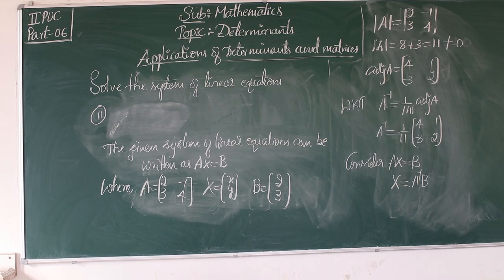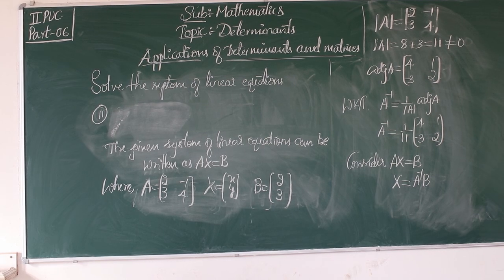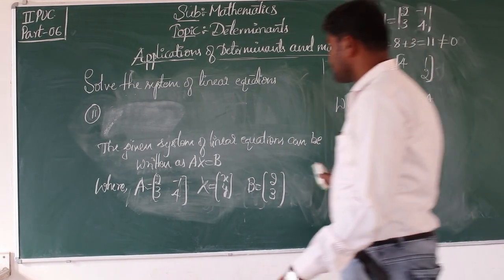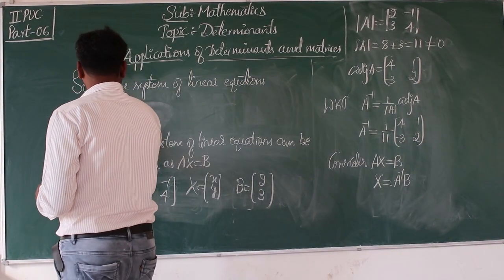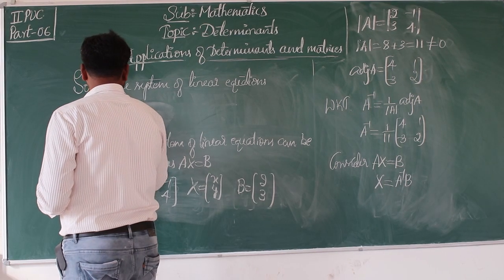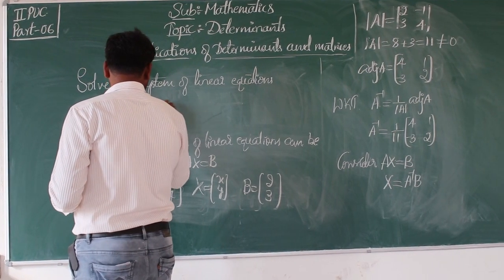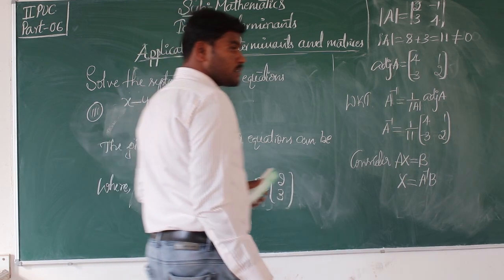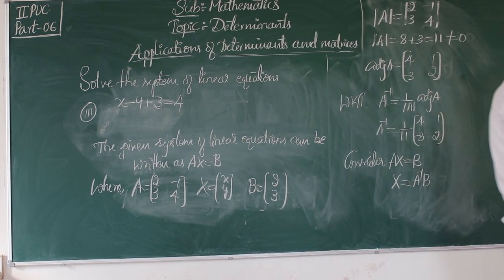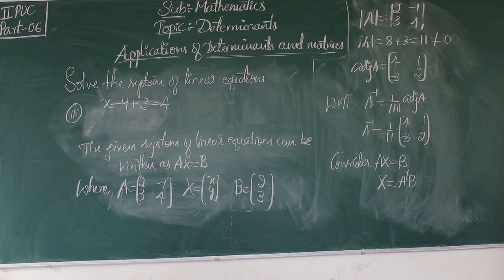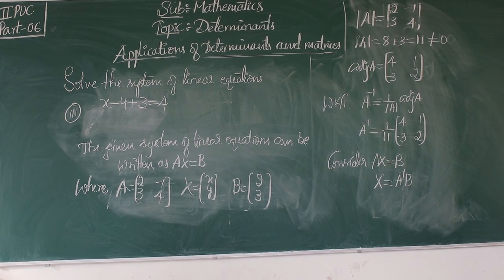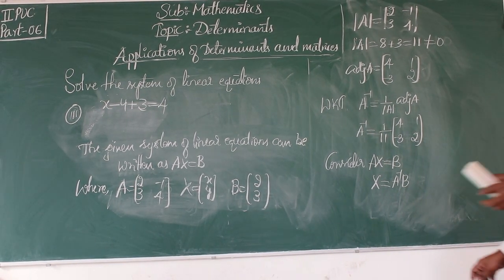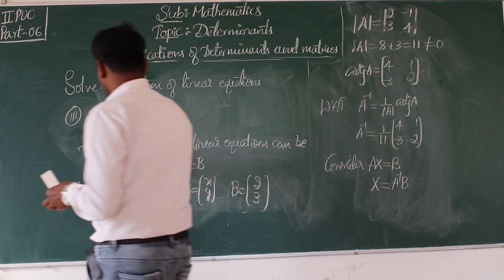Like this, the next problem: x minus y plus z is equal to 4. One more equation is 2x plus y minus 3z equals 0.